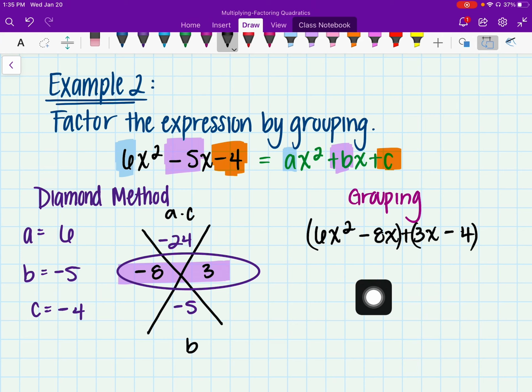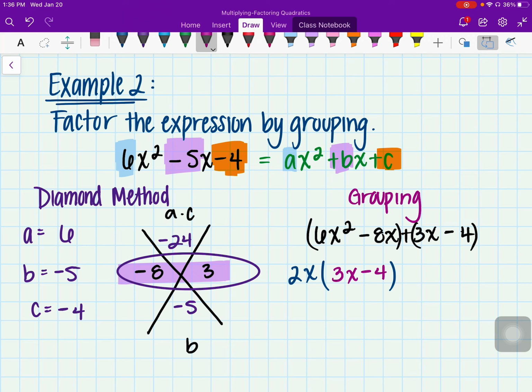If you take a look at this, the 6 and the 8 both have factors of 2. So let me show that. We have a 2x here, and on the inside, once we factor that out, 6x squared divided by 2x will give us 3x, and -8x divided by 2x will give us -4.